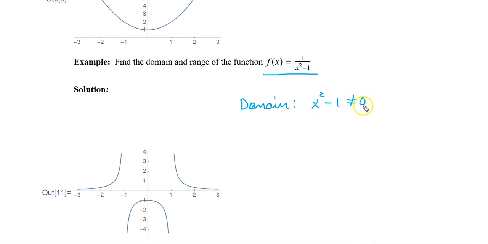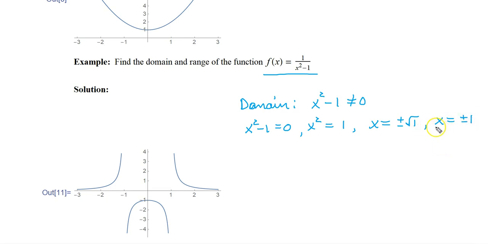So let's actually find where this is equal to 0 and then exclude those points. So if we set x squared minus 1 equal to 0, well, we simply get x squared equals 1, or x equals plus and minus the square root of 1 when we take the square root of both sides, or x equals plus and minus 1.